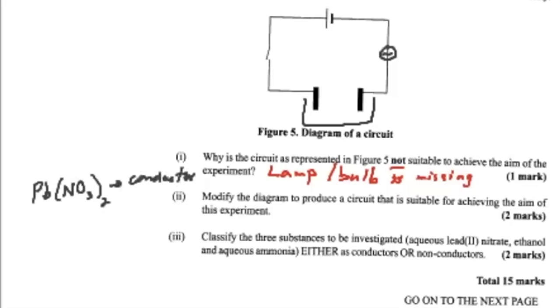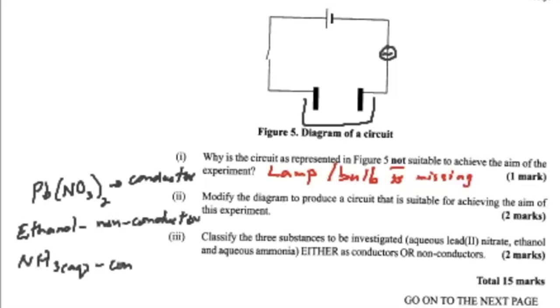And then ethanol, we saw in an earlier question, is a non-conductor. No ions are present there. And aqueous ammonia, NH3 aqueous, this would be a conductor.